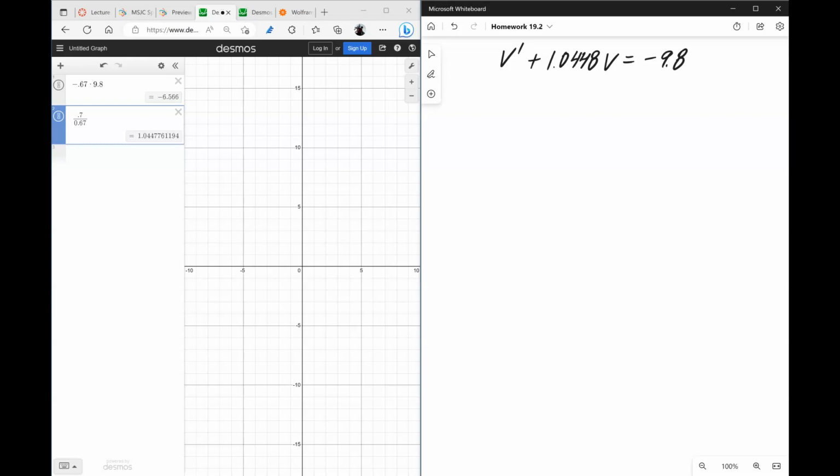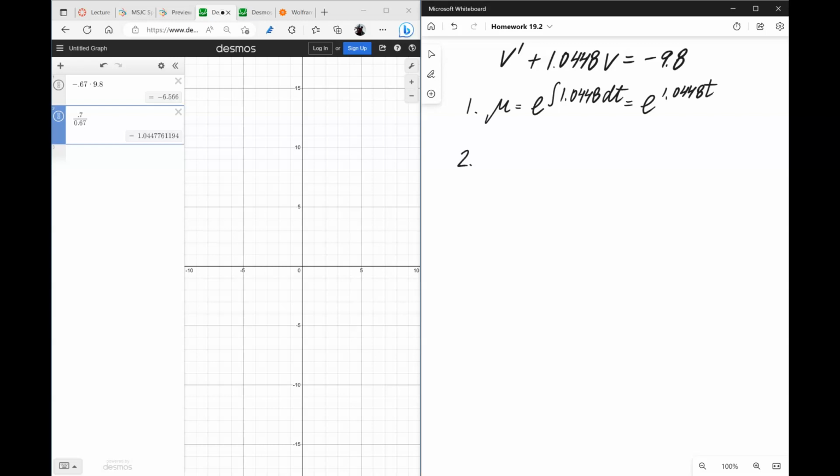And to solve it, we recognize that it's a first order linear differential equation. So we find mu. Mu is e to the power integral of that, which is just e to the power of that.